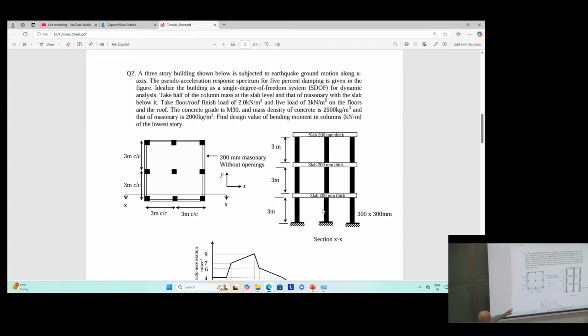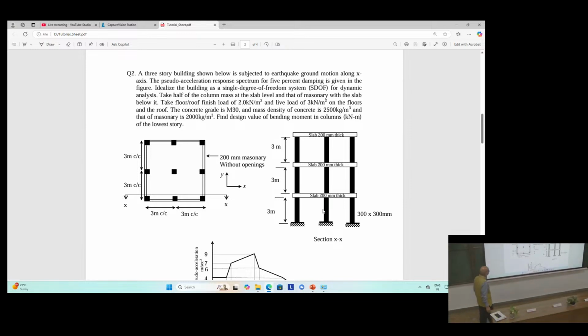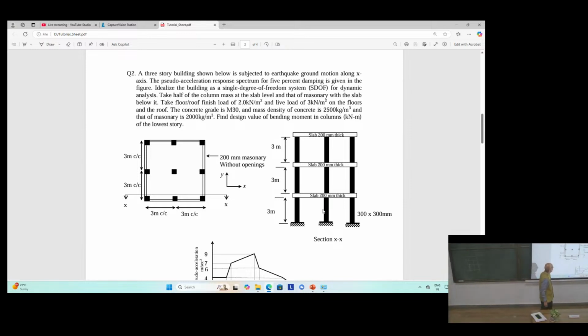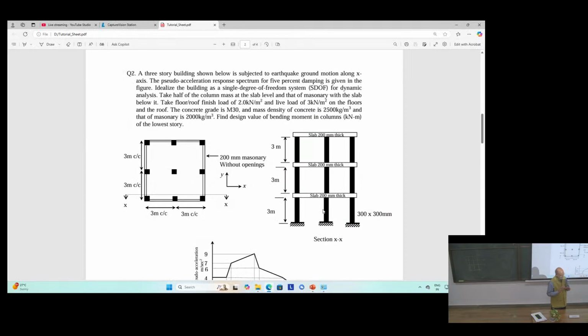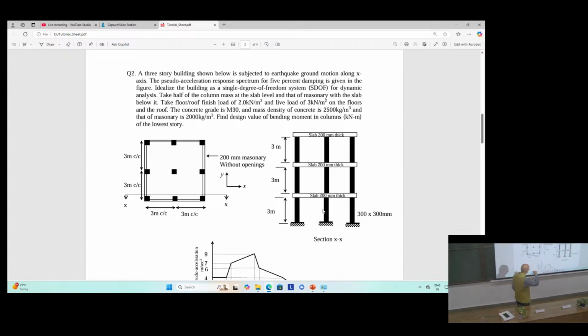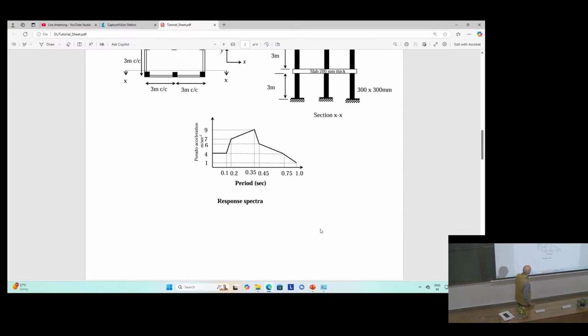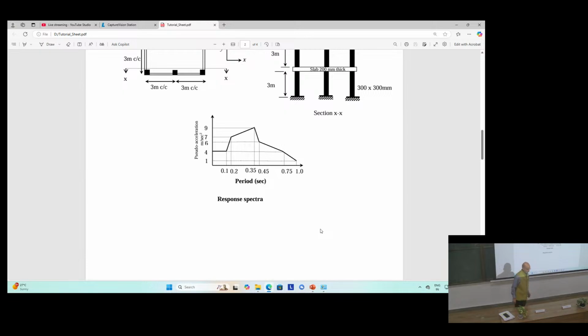The 3-story building, as you can see, and height of column, slab, everything is given. This is a plan of the building. I took this from the last problem we did, so there is a consistency between all the problems you have taken for understanding. And in addition to this, this response spectrum is given to you.